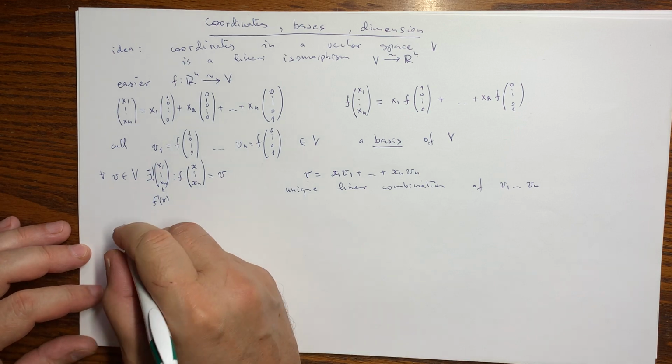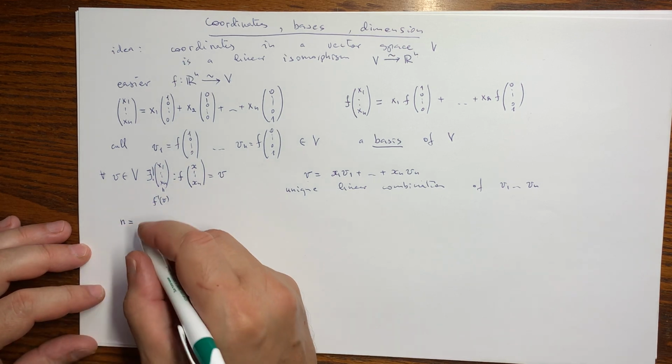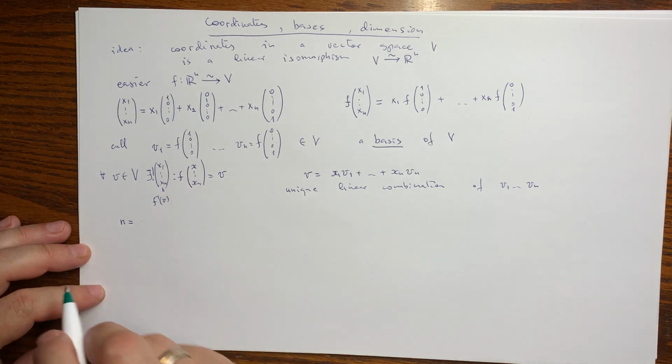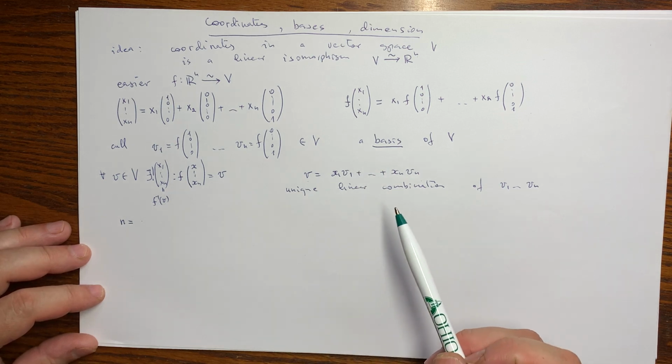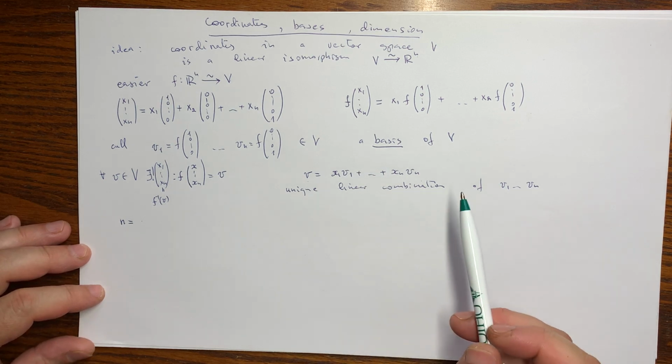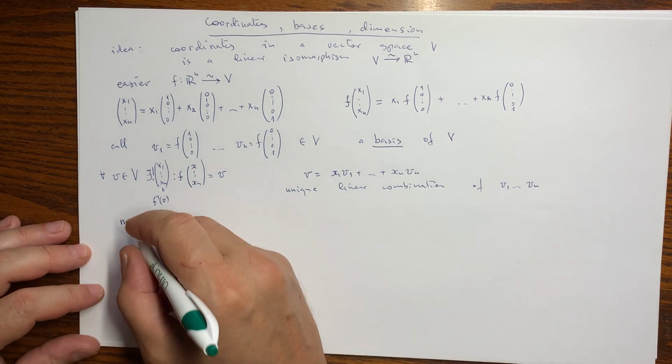And moreover, bases are very much arbitrary features of a vector space. We can change them, we can choose them in arbitrary ways, but what will be invariant is the number of vectors in them.